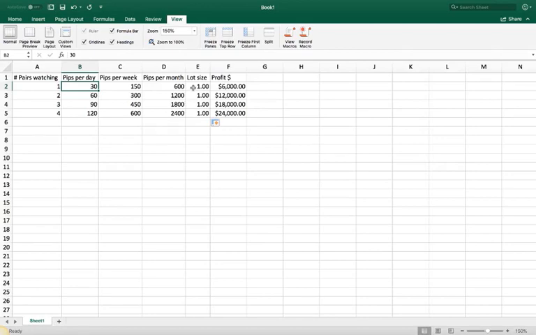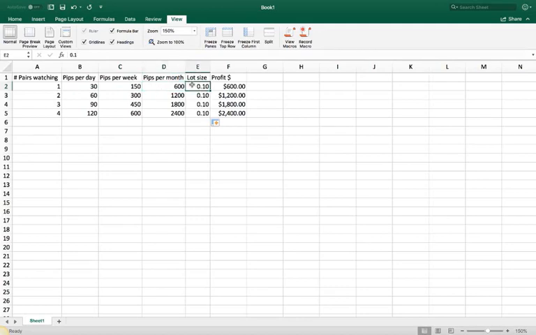Okay, so now I'm going to do this with a different example. If you're just watching one pair every day, and you can get your 30 pips on that one pair every single day, you're going to have 150 pips that week. You're going to have 600 pips for the month.